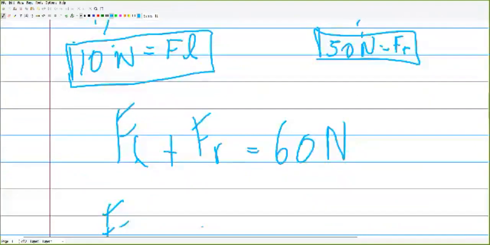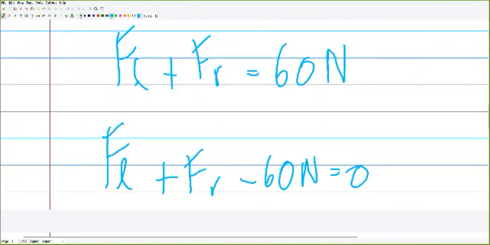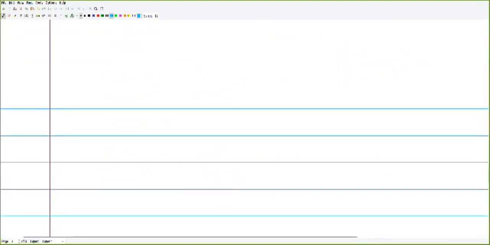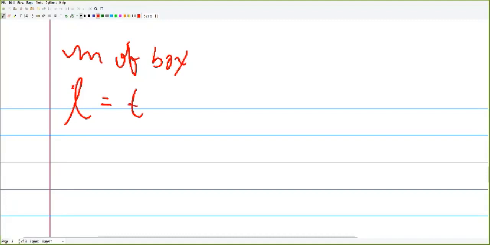And so now I want to make a general equation, okay? So what do we need? We need the mass. So we need the mass of the box, okay? So my equation needs to have mass. Oh boy, this ain't working again. Mass of box. We need L, which is total length.